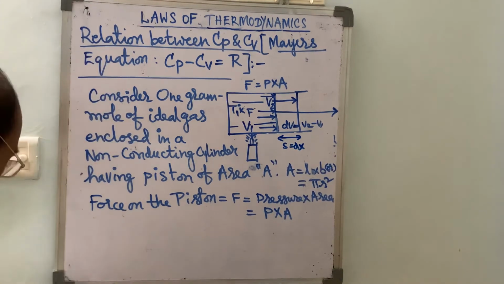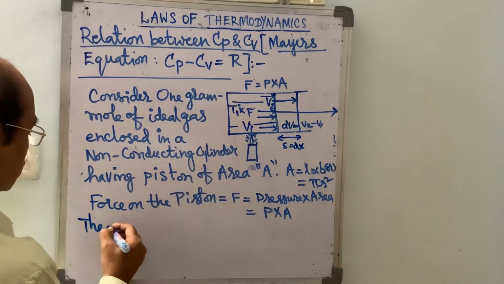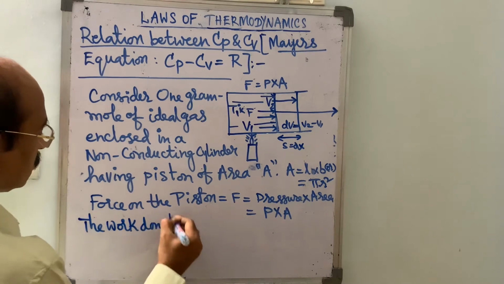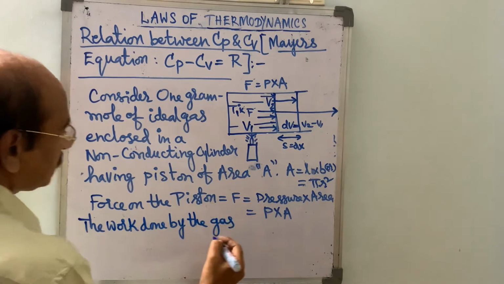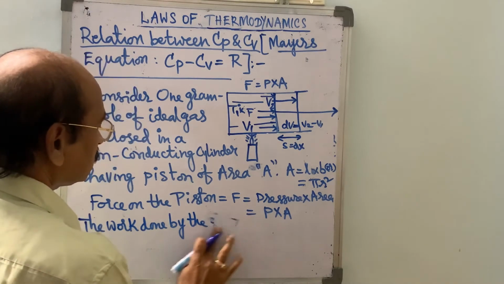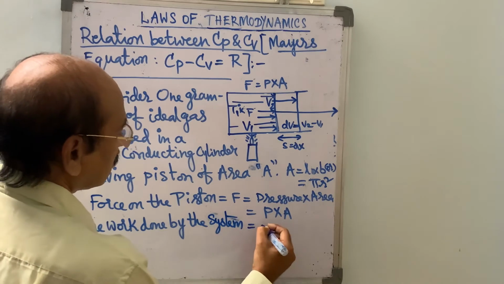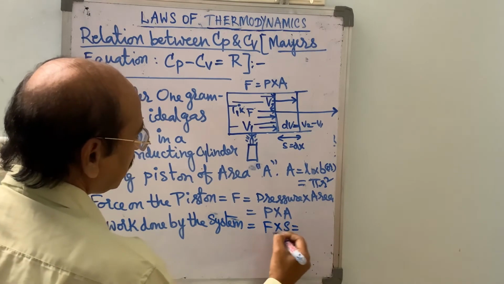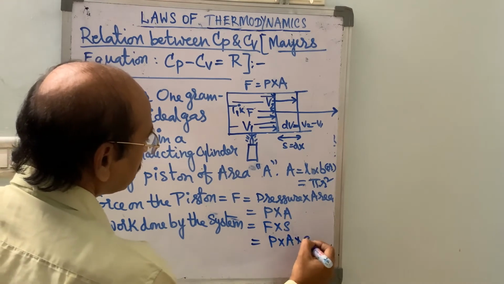Therefore, work done by the system during expansion is F into S, that is P into A into dx.